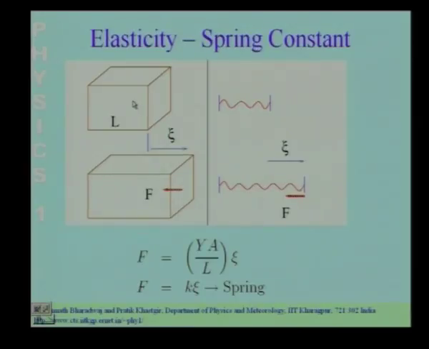So, the point which I am trying to make over here is that this is an elastic rod of cross sectional area A, of material whose Young's modulus is y, and it has an undeformed length L. We can think of this as a spring. We know that for a spring, if I pull this end of the spring by an amount xi, then there is going to be a force developed which is going to oppose this elongation.